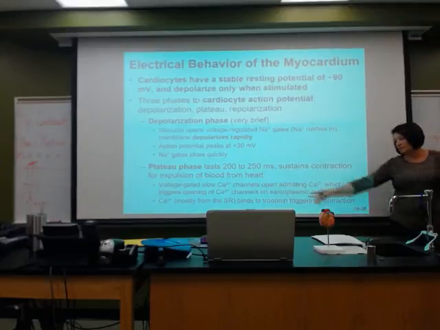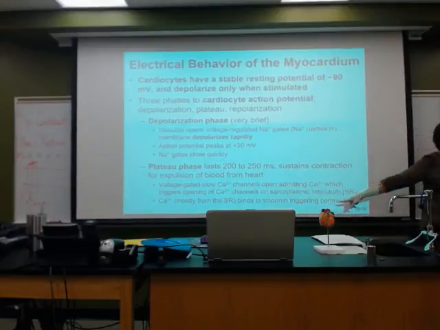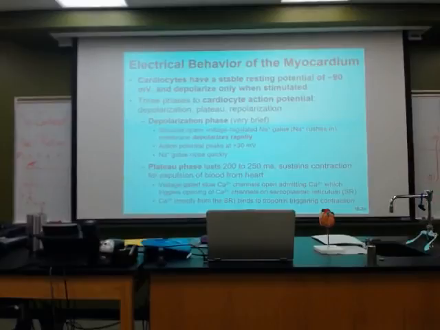Once again, do you remember anything else in that sentence? Was there a term? The troponin. Where do you remember hearing troponin? The skeletal muscle. The troponin and tropomyosin. So once again, a similar structure.